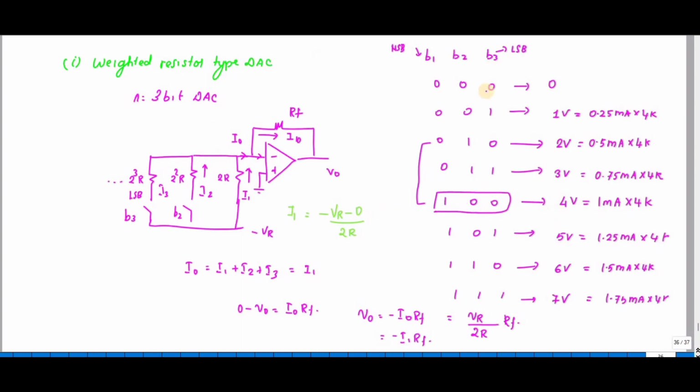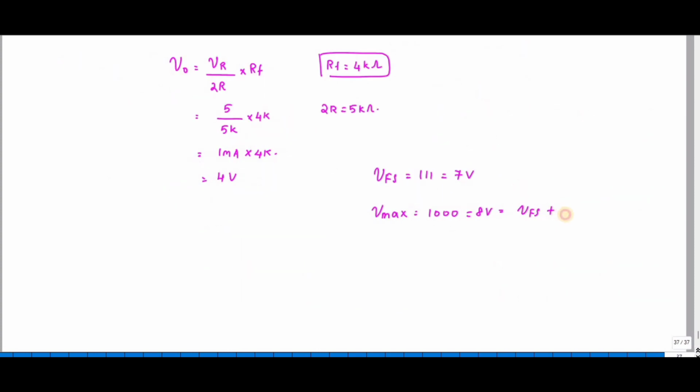This LSB value. Okay. So VFS I can write as Vmax minus LSB.